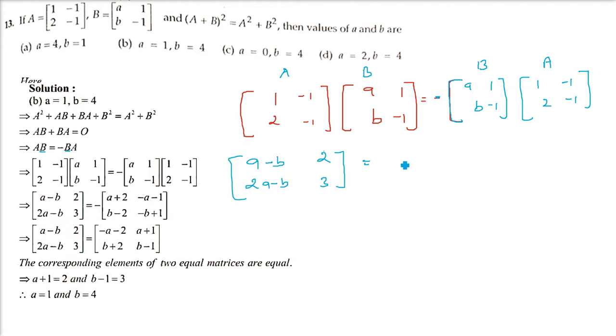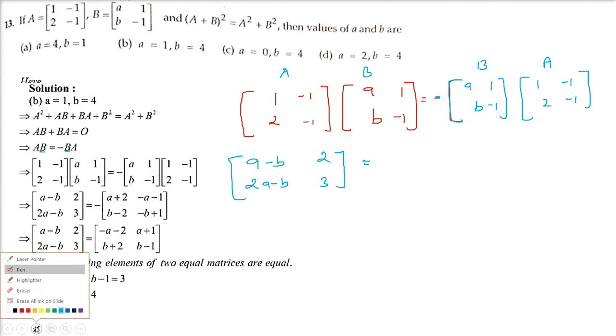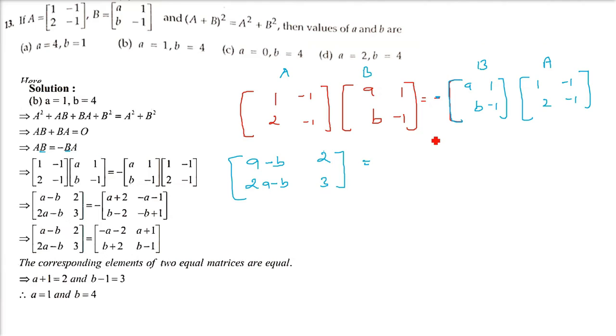Right hand side will be what? We'll do the negative later. First let us multiply. A1, A2, A plus 2. Then A into minus 1, that is minus A. And minus 1 into 1 is minus 1. So B into 1 is B, minus 1 into 2 is minus 2.